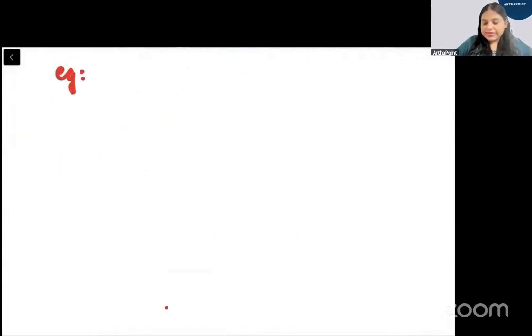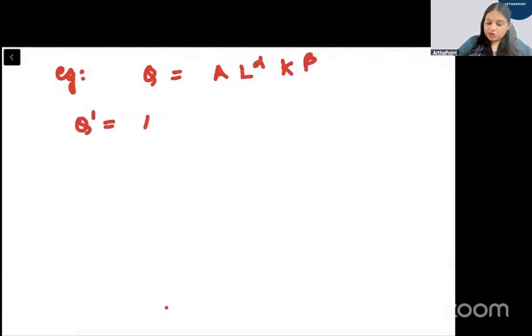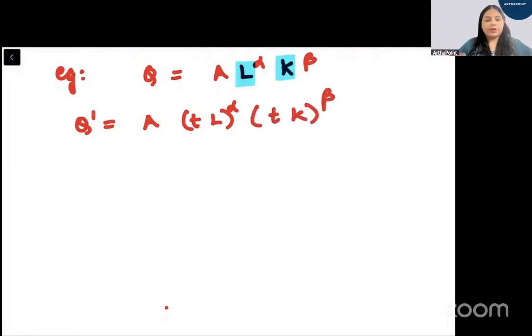let's say that your production function is A L to the power alpha, K to the power beta. Now, I am creating a new production function in which L is scaled by the factor T. In place of L, I wrote TL. And K is also scaled by the factor T. So in place of K, I wrote TK to the power beta.